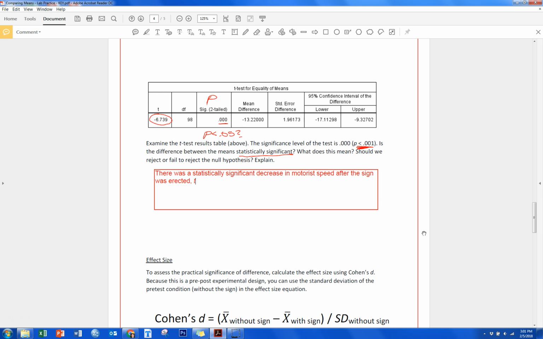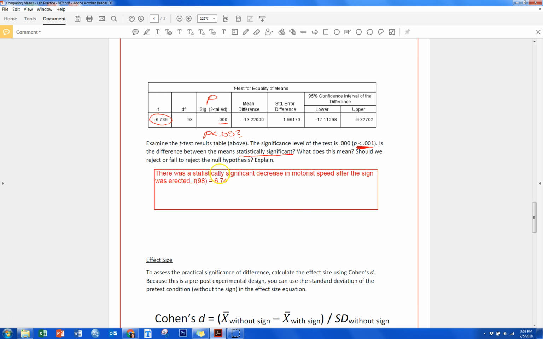So we have t because it's a t-test. The degrees of freedom is 98. Equals 6.739. Go ahead and report that. We could also round that to the hundredths place, 6.74. And I left off the negative sign. Again, we're going to have the same value.